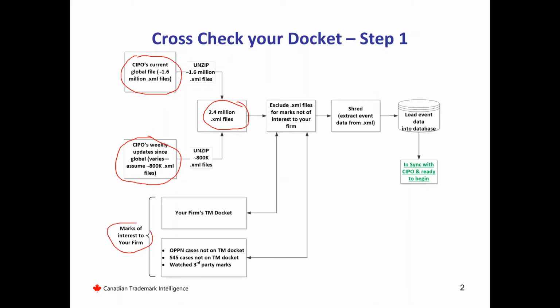You only need the ones corresponding to the marks that are of interest to your firm. That means you'll only need to keep XML files that correspond to cases that are on your firm's trademark docket, plus any others that your firm is watching, for example, because you want to oppose them when they're published in the Trademarks Journal.